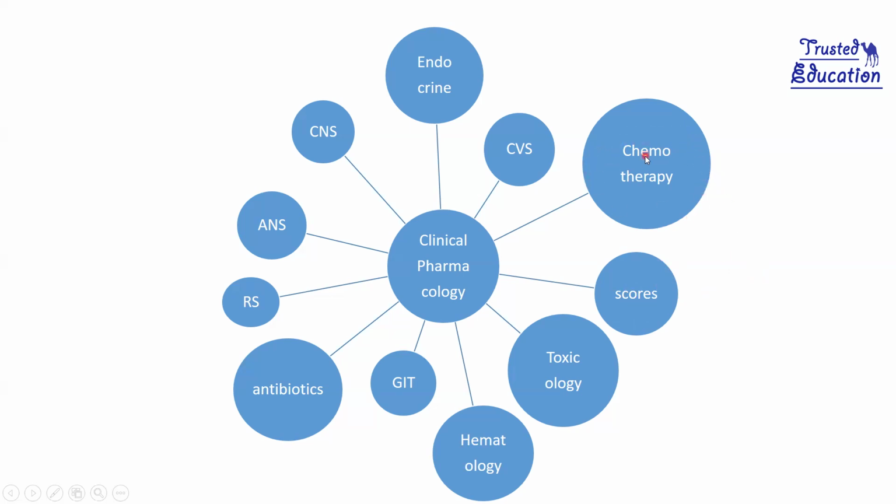Chemotherapy. The most important thing to know about chemotherapy is the side effect of the drug. The questions are focusing on the side effect of each chemotherapy and the mechanism of action of each anti-neoplastic agent.